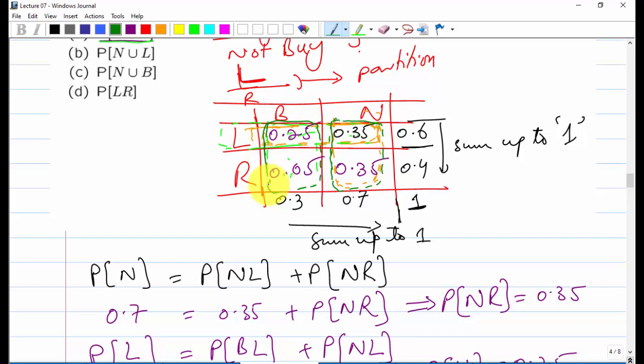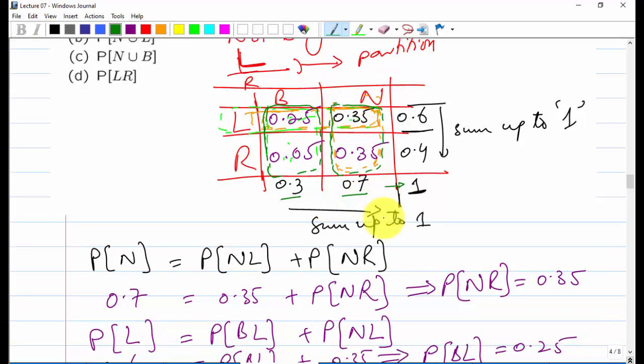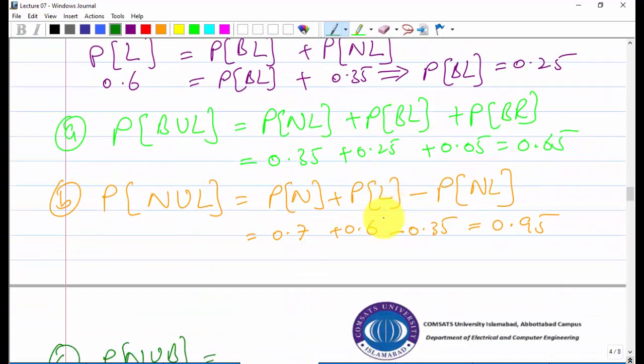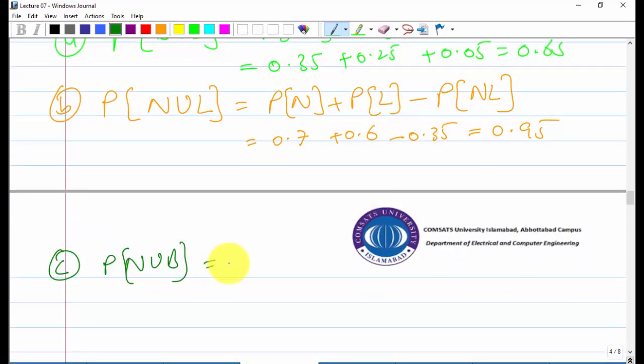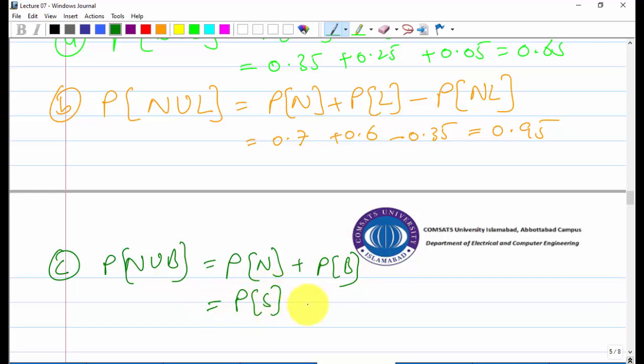Now if we see that probability of B is 0.3, probability of N is 0.7, and they are mutually exclusive events, and they are obviously making a partition, so they are making the sample space, so we can simply write that this is equal to probability of N plus probability of B, which is probability of the sample space, which is 1.